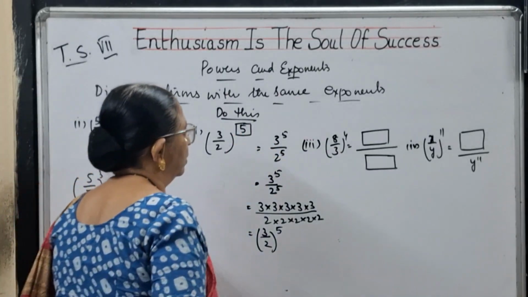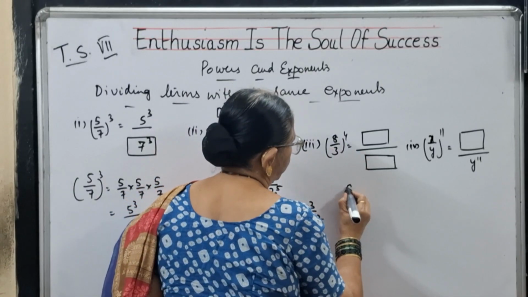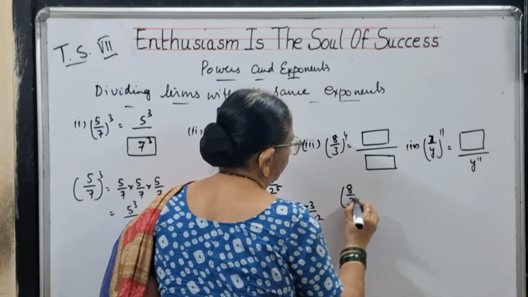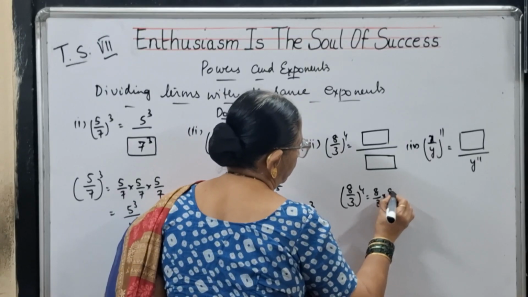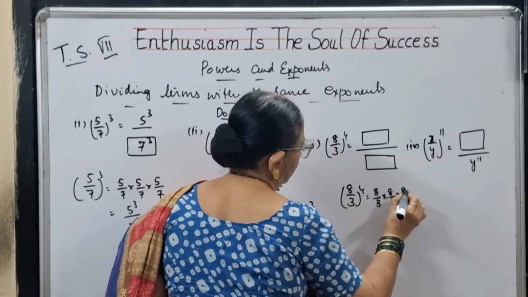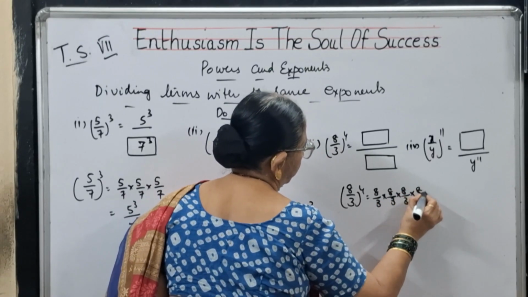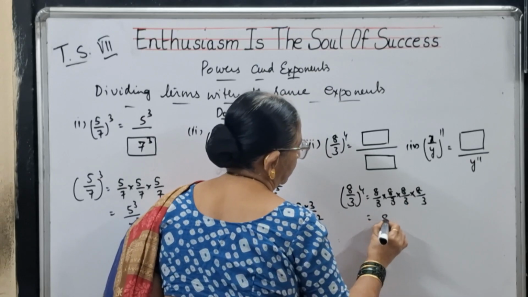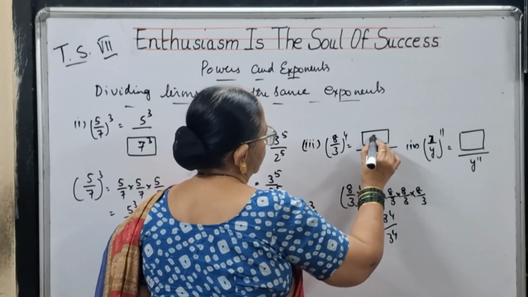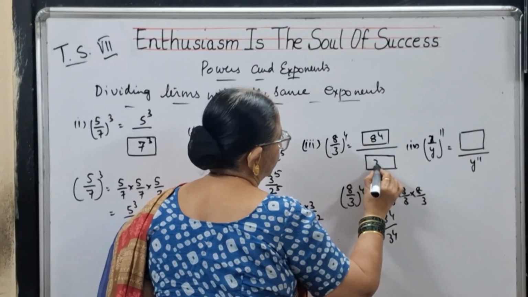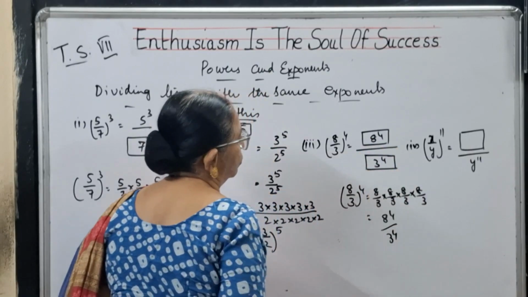Okay, next. 8 by 3 whole to the power of 4 means 8 by 3 into 8 by 3 into 8 by 3 into 8 by 3. That is 8 to the power of 4 by 3 to the power of 4. So here you are getting 8 to the power of 4, 3 to the power of 4.